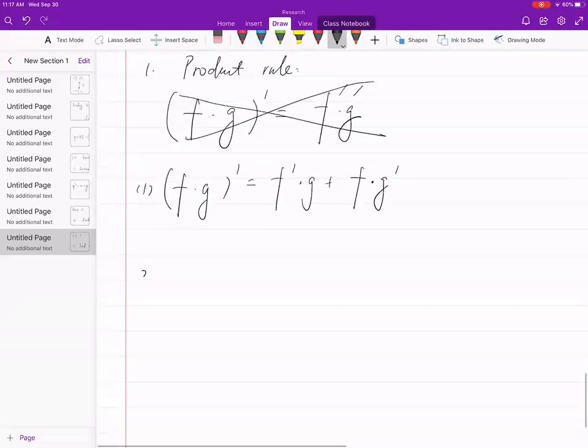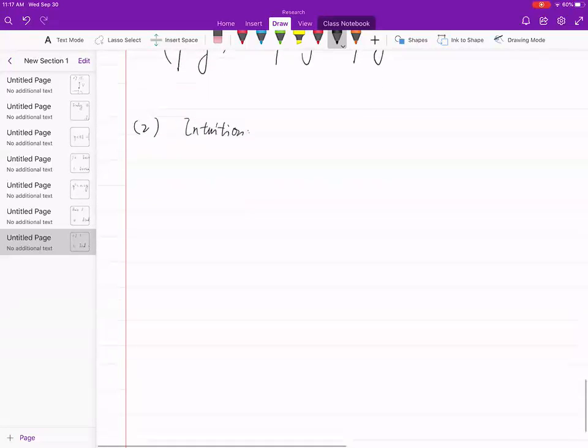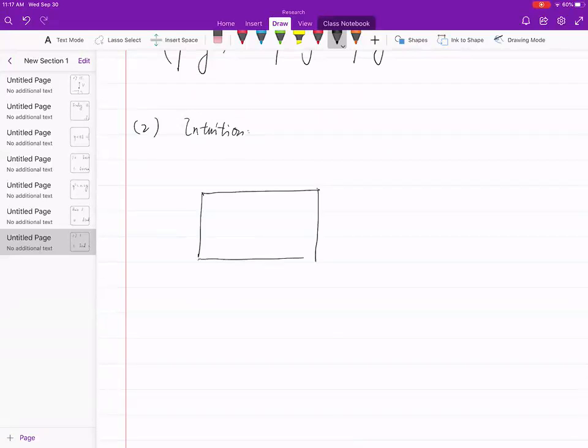All right. Second, we kind of went over the intuition. Why does the formula look like this? It's so weird. Or is it? Well, we kind of did this.